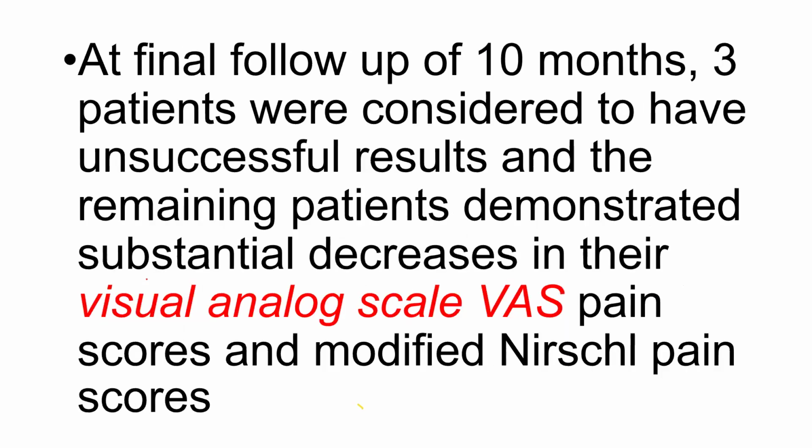At final follow-up of 10 months to 3 months, 3 patients were considered to have unsuccessful results, and the remaining patients demonstrated substantial decrease in the visual analog scale, the VAS pain scores, and modification of the pain scores. So there was improvement in these patients that we injected blood in. Okay?